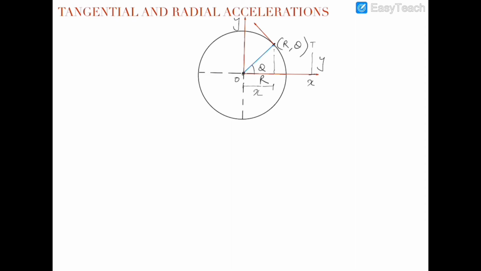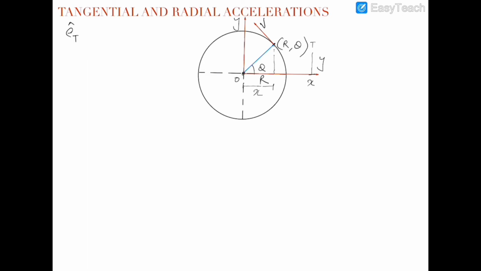This is v, and if I write the velocity in vector form, before that let us assume two unit vectors: one unit vector is e tangential and the other one is e radial.